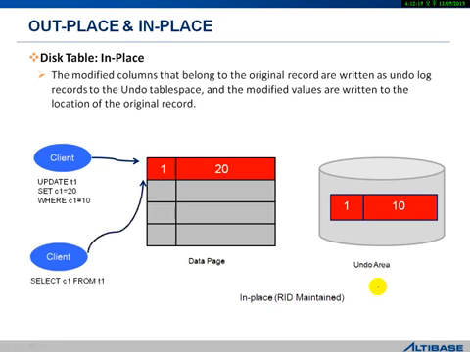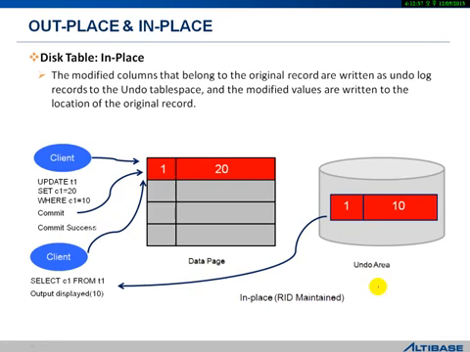Okay, so client B selects the record before it is committed. So client B does not have any authority, even though it can still access, so it actually selects from the undo area where the original record was copied into. Okay, now client A executes commit.